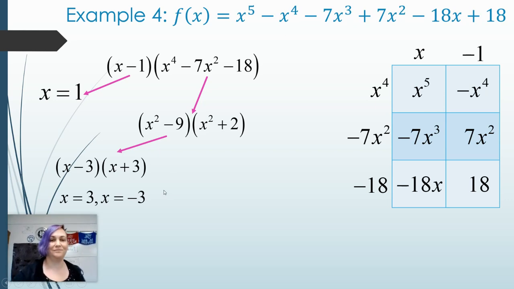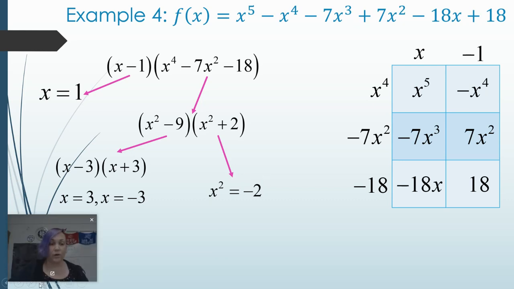Now, unfortunately, the second parentheses is not factorable. X squared plus 2 is not a difference of squares. I don't know the square root of 2, and it's not subtracting, it's adding. So instead, what I'm going to do on this problem is just set it equal to 0, and I'll solve for x. So I set it equal to 0, I subtract the 2 to the other side, and then we're going to square root.